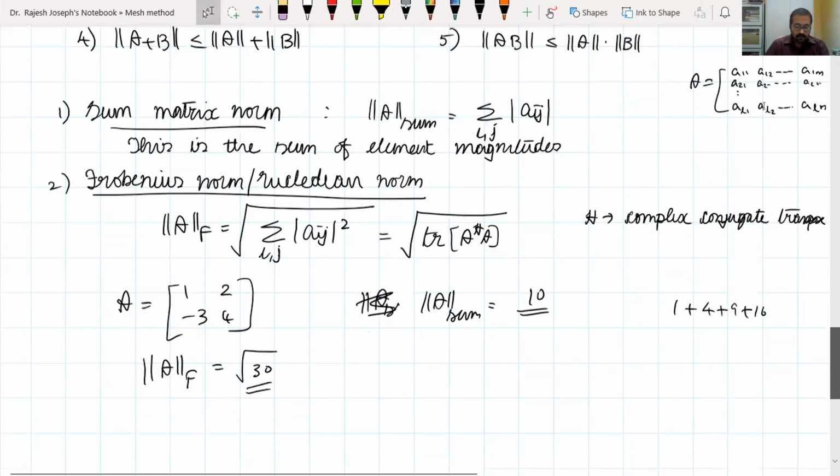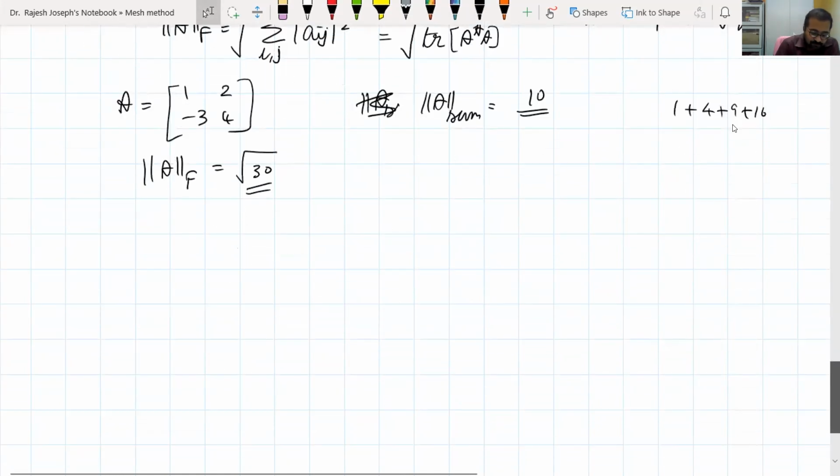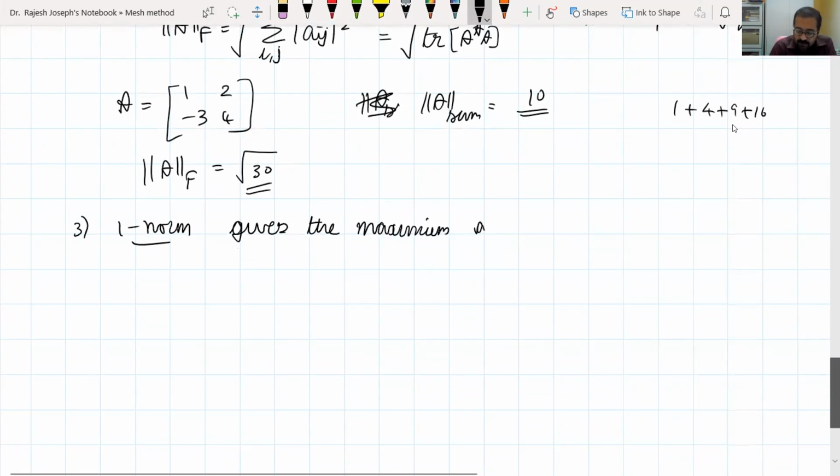Then we have what is called the one norm. The one norm gives the maximum absolute column sum.